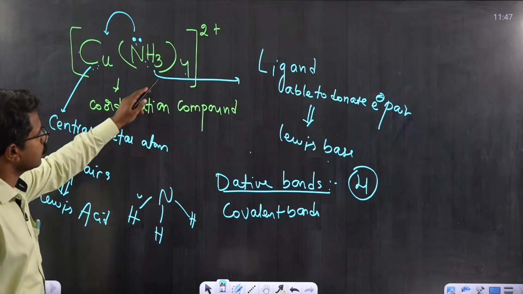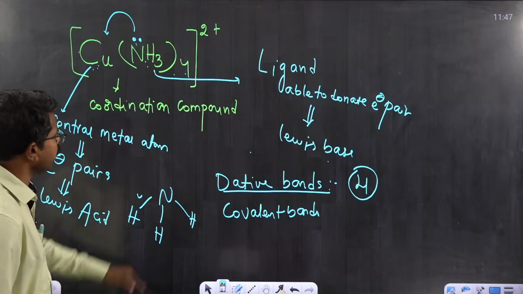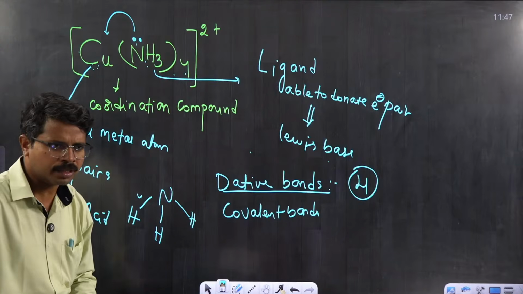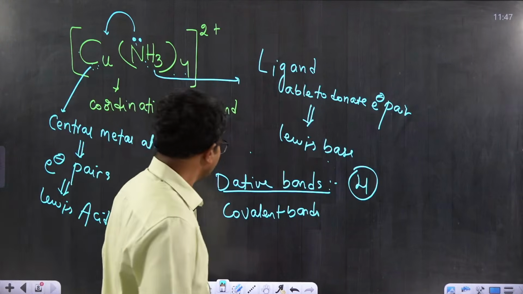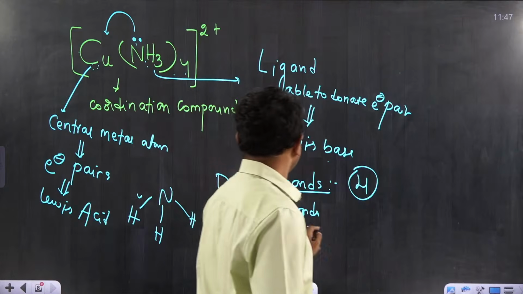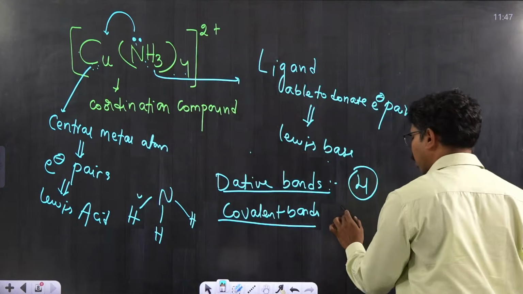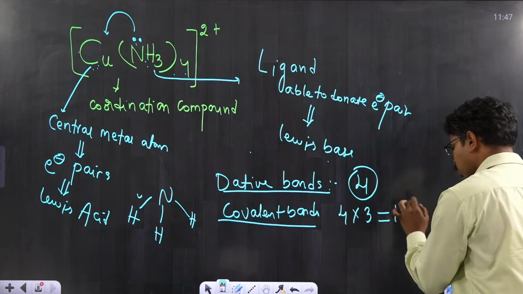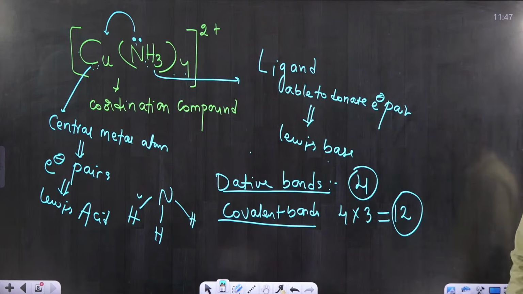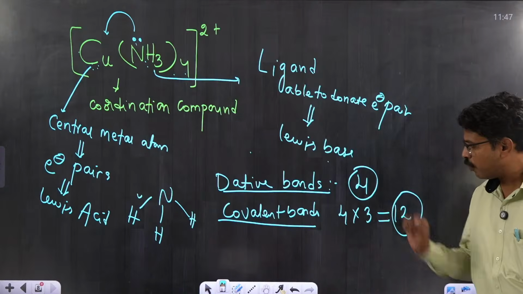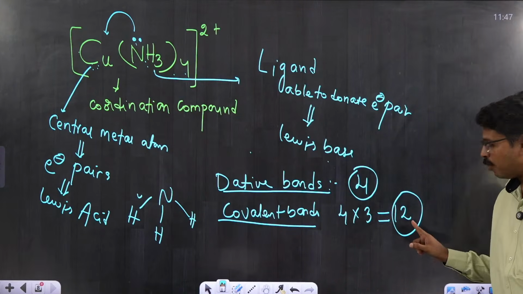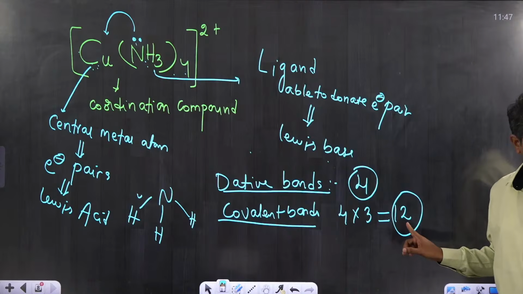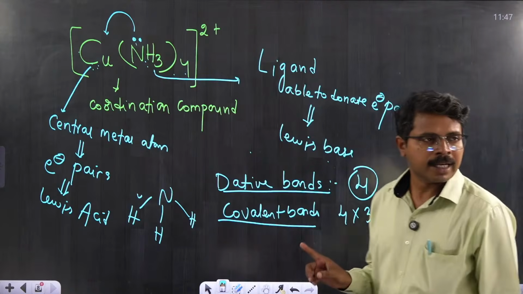Each ammonia has 3 covalent bonds and we have in total 4 ammonia molecules. Therefore, the total number of covalent bonds present in this entire compound is 4 times 3, which equals 12. So the total number of dative bonds is 4 and the total number of covalent bonds is 12. I hope you are able to get the answer.